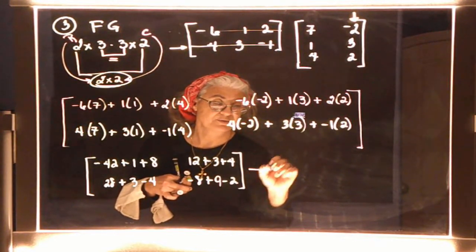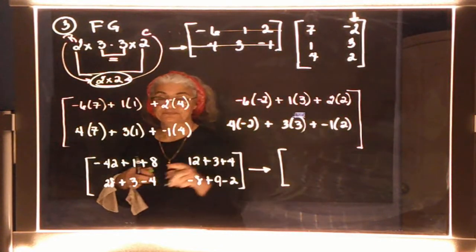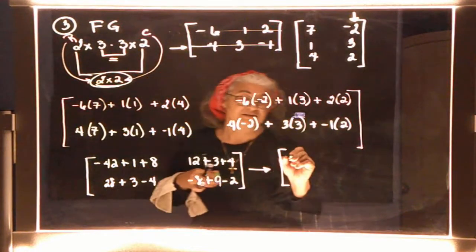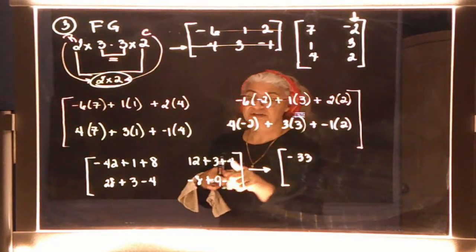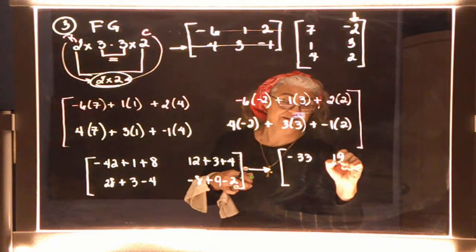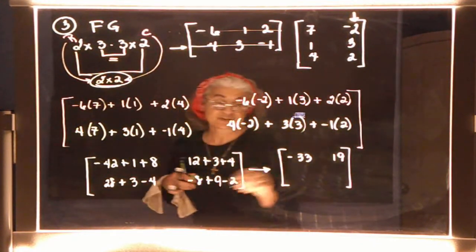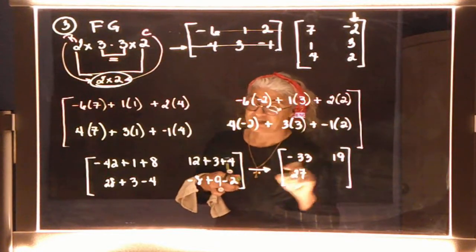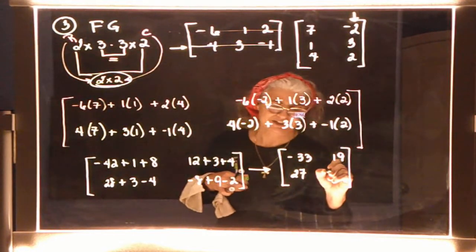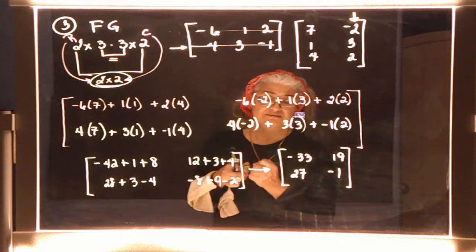Okay, so what do we get when we add all that together? Yeah, that's a negative 33. That's a 19. What do we get? That looks like a 27. And this one looks like a negative 1, right?